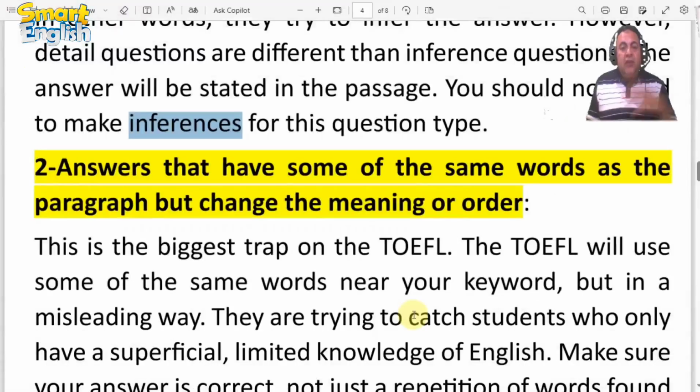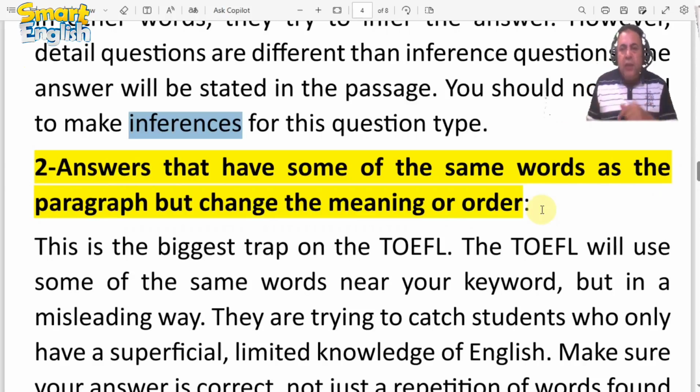Okay, strategy number 2: answers that have some of the same words as the paragraph but change the meaning or order. You will find in the detailed question that there is a choice that contains the same words mentioned in the paragraph, but it has a different meaning that doesn't belong to the idea in the passage.